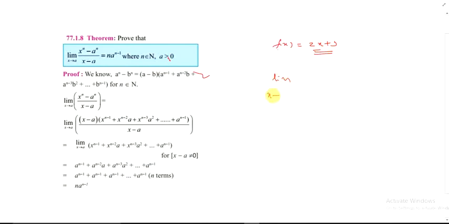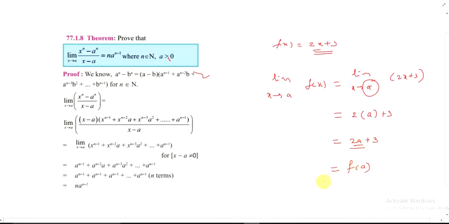Then the limit as x tends to a of f of x is equal to the limit as x tends to a of 2x plus 3. You can take any value for a: 2, 3, 1, minus 2, whatever it may be. Then we can write 2 into a plus 3, that is twice a plus 3. Now it becomes a function of a, and we can write f of a. If we take the limit as x tends to a of f of x, then it is equal to f of a. Get it?